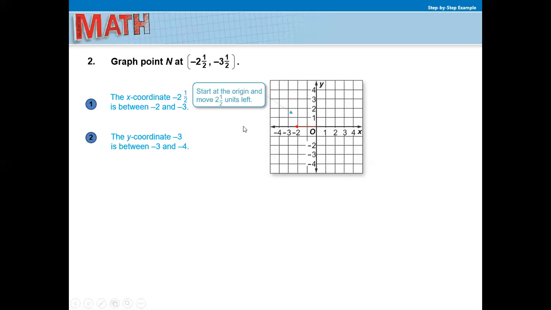The y-coordinate is -3.5, which is between -3 and -4. Next, move 3.5 units down and draw a dot. Notice that it's between the -3 and the -4.